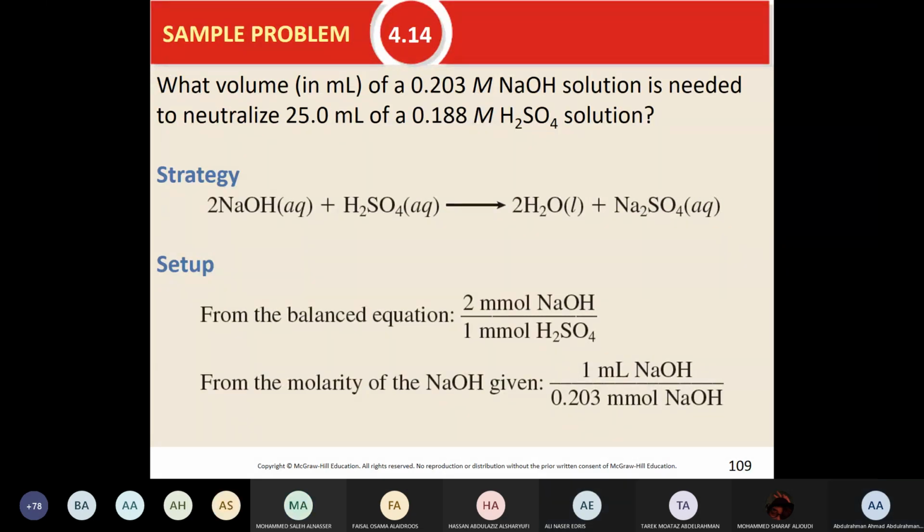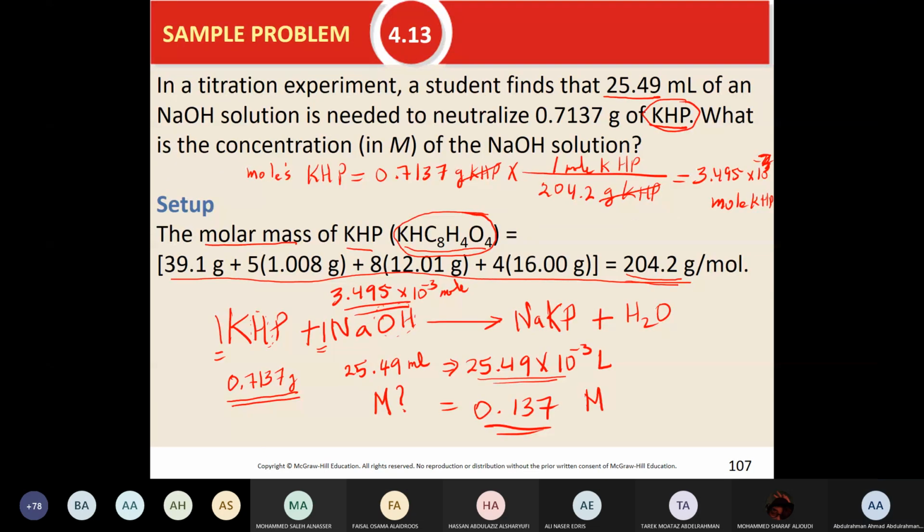Doctor, can you repeat the last step? I didn't understand it. Well, what do you have? You have the number of moles. We found the moles for KHP, which is the mass of KHP, 0.7137 gram KHP, divided by the molar mass, 204.2, and this gives us the number of moles.